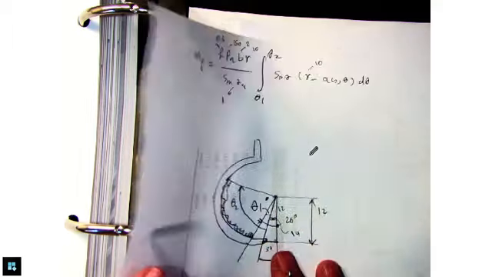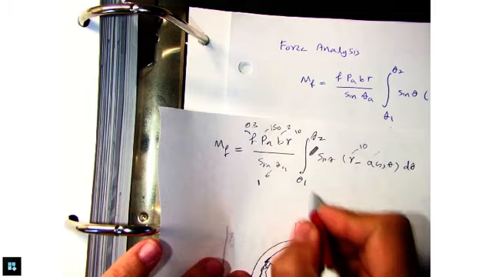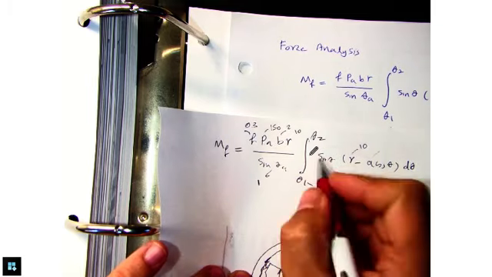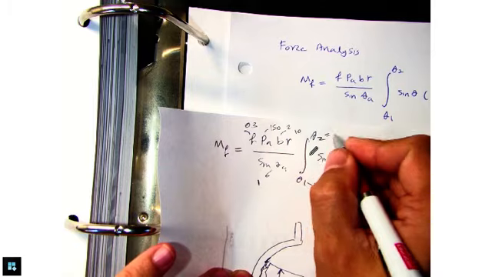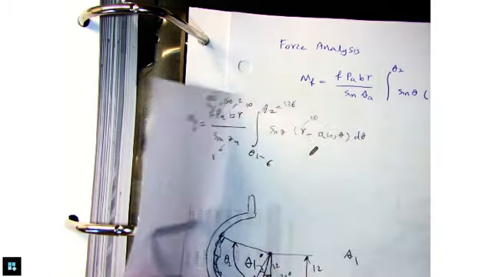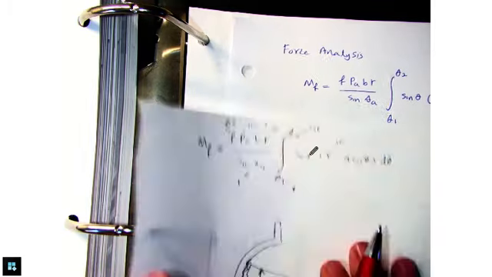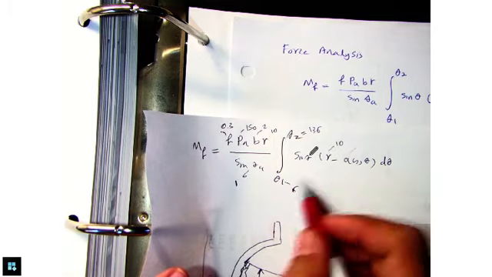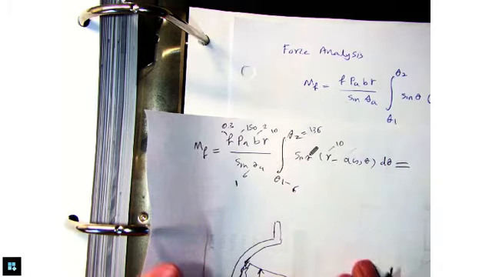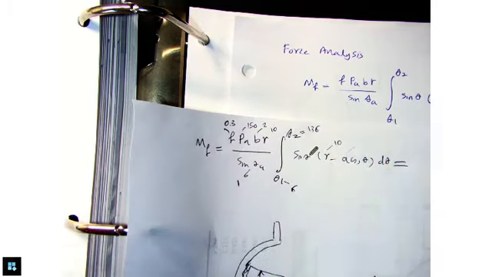So theta 1 is going to be 6 degrees, and then theta 2 is going to be 6 plus 130, right? 136. When you're taking the integral, you have to be careful to put your angles in radians. And then if you did that, you put this here, I can find my MF.